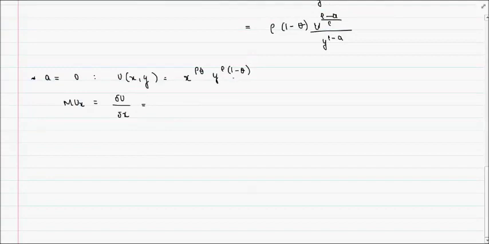And this is basically a straightforward case because we do not have a chain rule over here anymore. So this is just basically treating y as constant, so the whole thing will remain the same. So I got y rho 1 minus theta. Okay, so it remains the same there, and if I differentiate x to the power rho theta, I get rho theta x to the power rho theta minus 1.